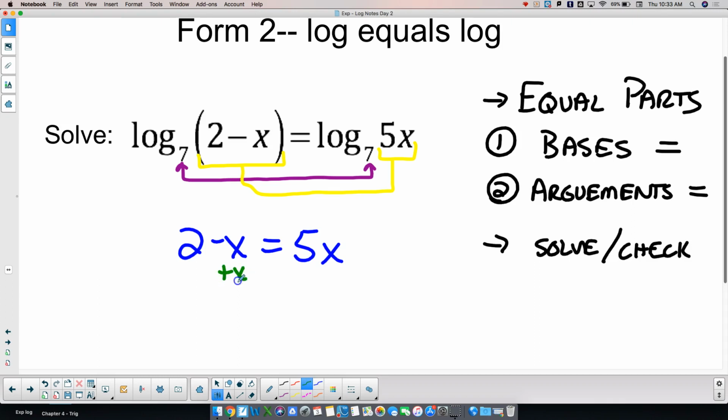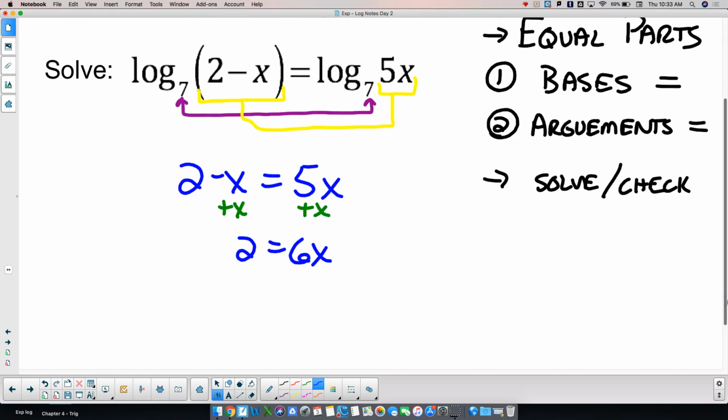I would add x here to both sides. That gives me 2 equals 6x. Divide both sides by 6. Gives me 1/3 equals x. I'm going to get the hiccups all of a sudden. Now, if I plug 1/3 back into my function, I already have bases that are positive and not equal to 1. So that condition is met. I just have to look at those arguments.